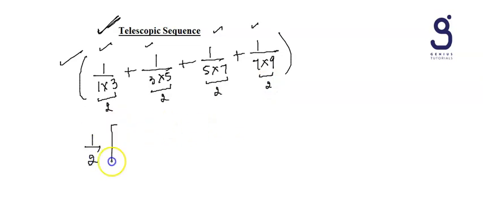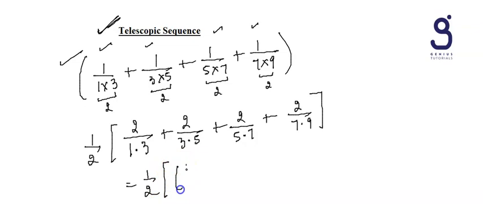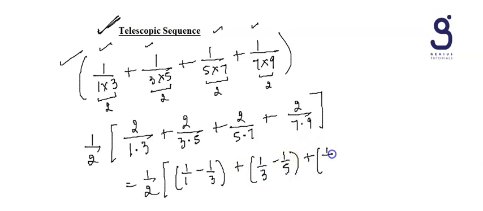We can write it as 1 by 2, 2 upon 1 into 3 plus 2 upon 3 into 5 plus 2 upon 5 into 7 plus 2 upon 7 into 9. And now we can rewrite it as 1 by 2, 1 upon 1 minus 1 upon 3 plus 1 upon 3 minus 1 upon 5 plus 1 upon 5 minus 1 upon 7 plus 1 upon 7 minus 1 upon 9.